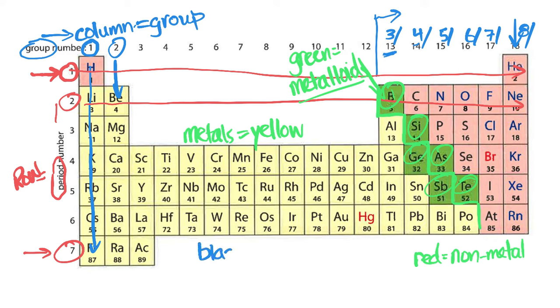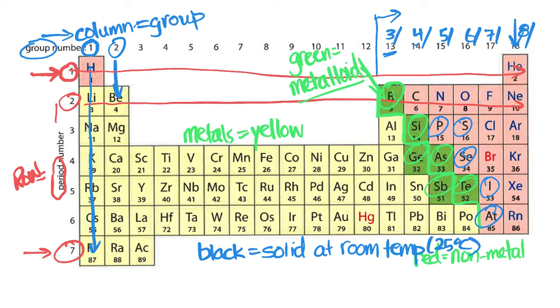If an element's written in black, which is most of the metals here, as well as a couple of the nonmetals, like here, then they are solid at room temperature. And so when I say room temperature, usually when we talk about room temperature in science, we talk about 25 degrees Celsius.